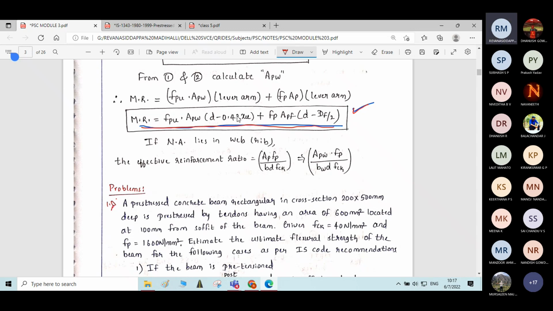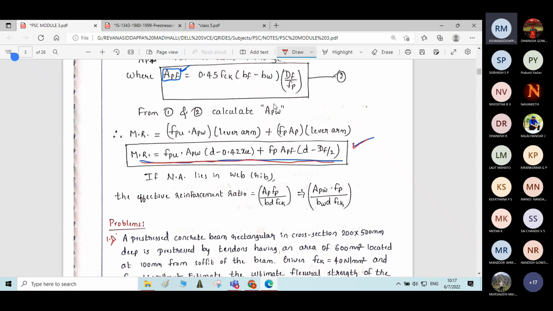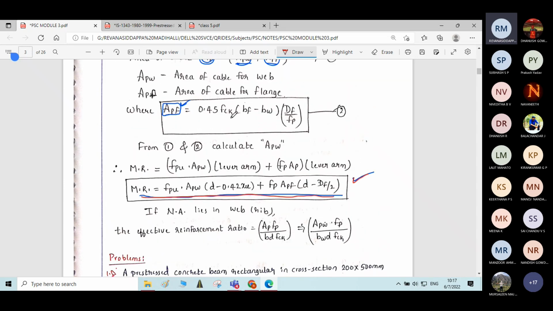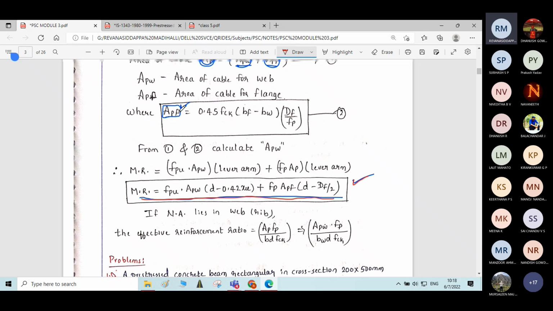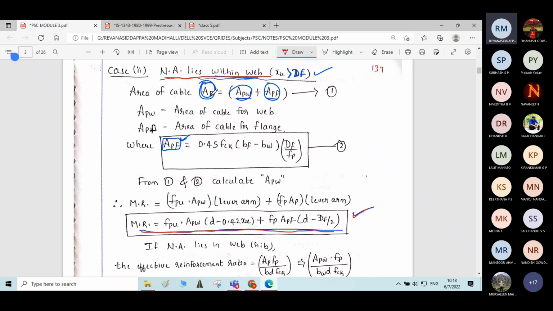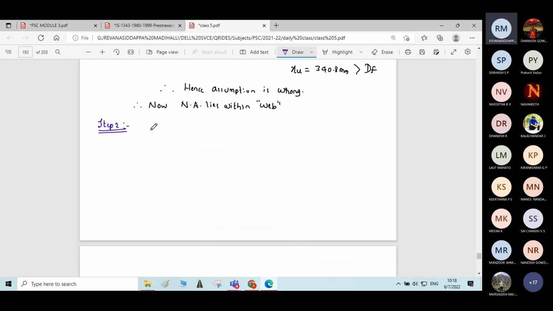First, in step 2, you find the area of prestressing steel required for the web portion and the flange portion. How will you find it? Utilizing this formula, Apf is equal to 0.45 fck into (bf minus bw) into Df by fpu. Using this formula, you will get the area of prestressing steel required for the flange portion. Knowing the total area of steel and the area required for the flange portion, you can easily find Apw.